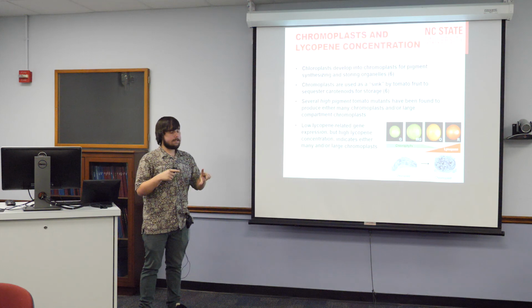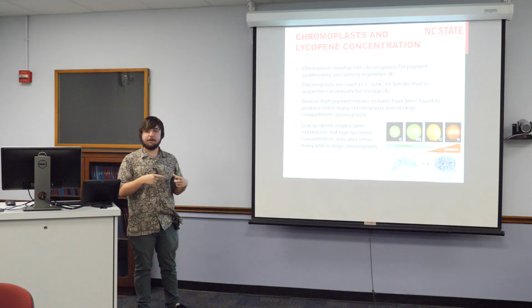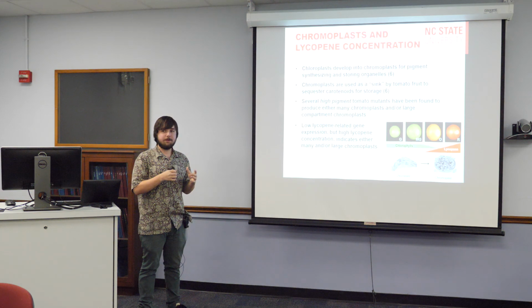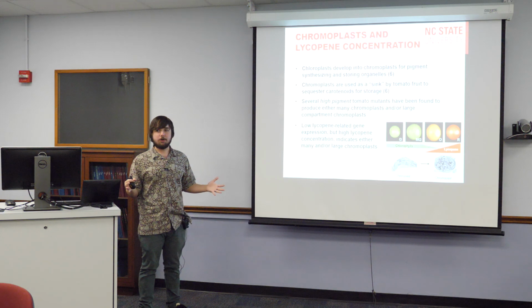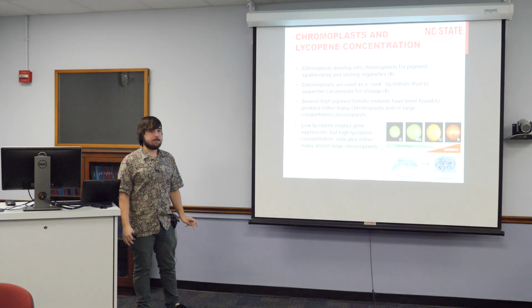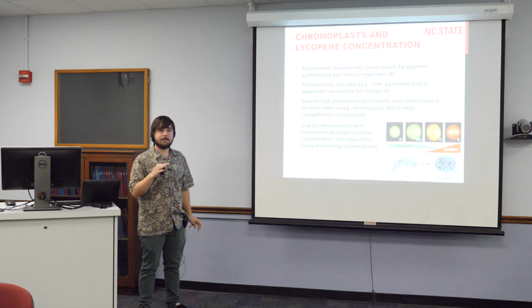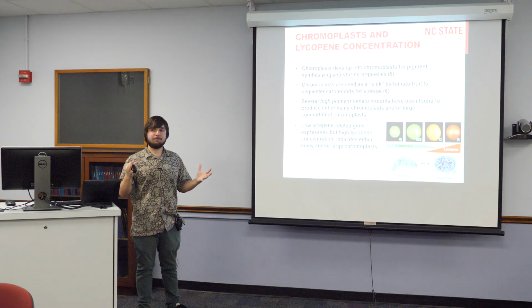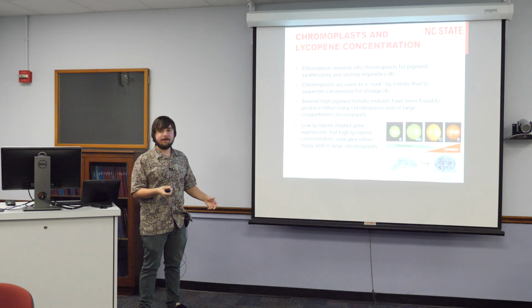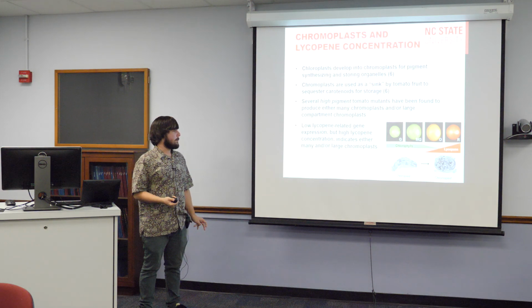Several high pigment cultivars of tomatoes have been found to have either many extra chromoplasts or just large compartment chromoplasts. So their genes might not necessarily be upregulated like other cultivars are, but they might just have extra space for the lycopene to reside in, meaning that they would produce more lycopene, and they do.